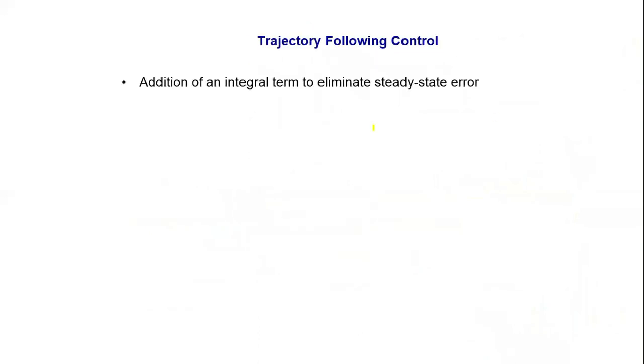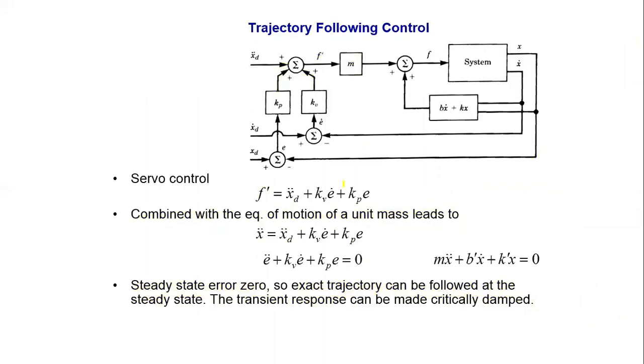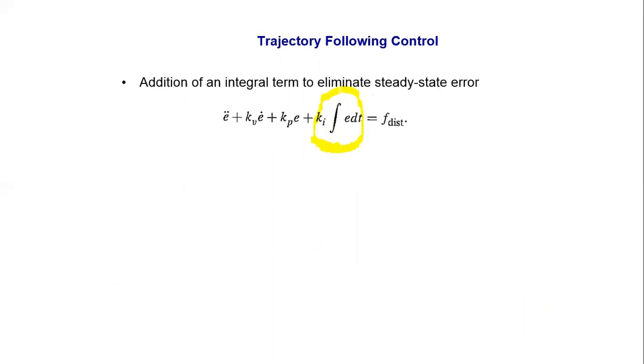You can also add an integral term in this equation. If a disturbance force is applied externally on the system, and your system is affected by any significant disturbance, then you can apply an integral term.